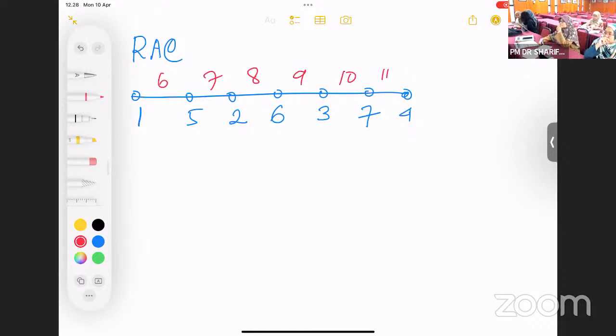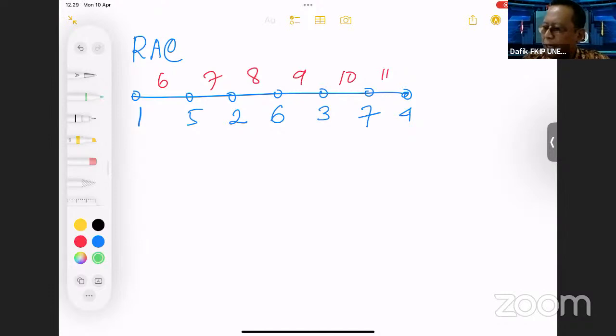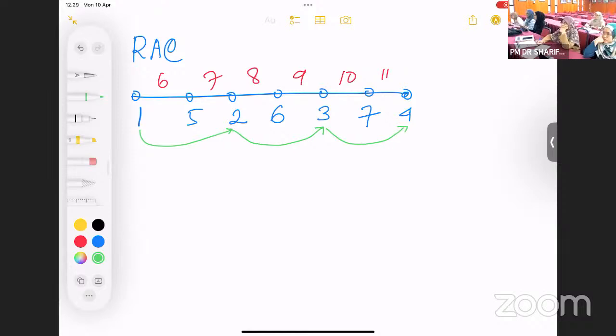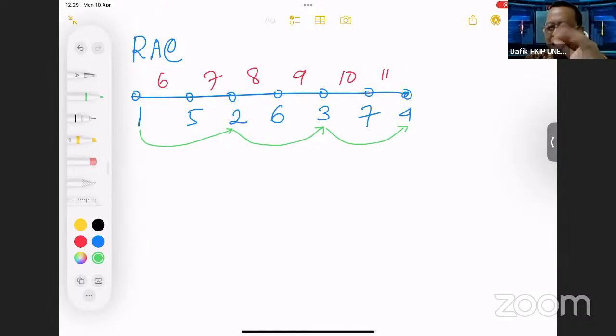But not only that, we need to make sure that the labels form a pattern. Look at the pattern here. When I have got this pattern, 1, and then 2, 3. So what do you say about this pattern? Every vertex alternately jumps.